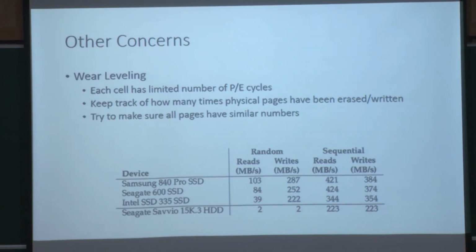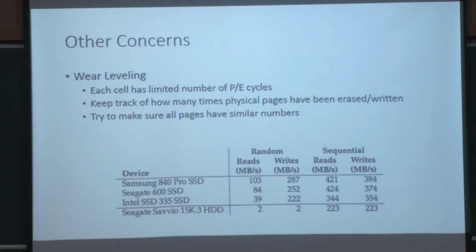If you have 10,000 different places that you can write to, make sure that you write to them an equal number of times so that one piece of data is not being written to repeatedly. So you have to have some logic that makes sure your data is placed onto these various pages in such a fashion that each one of these devices gets an equal number of writes, so as to not make some of these devices wear out faster than the others. That's essentially the phenomenon that's known as wear leveling.